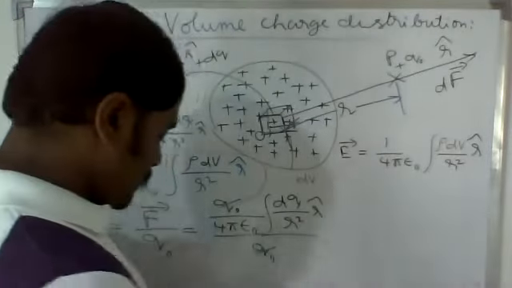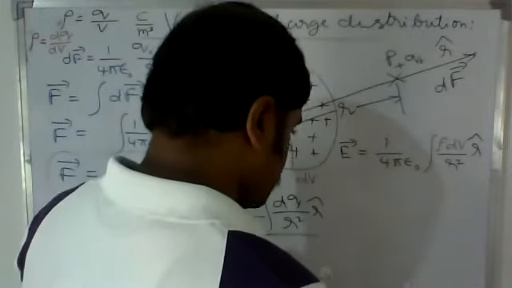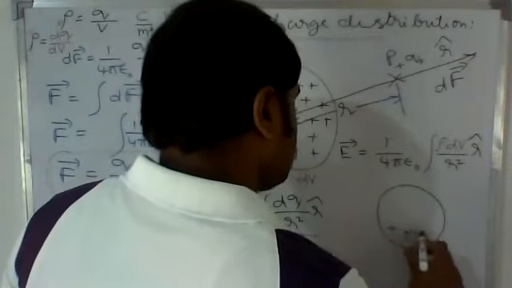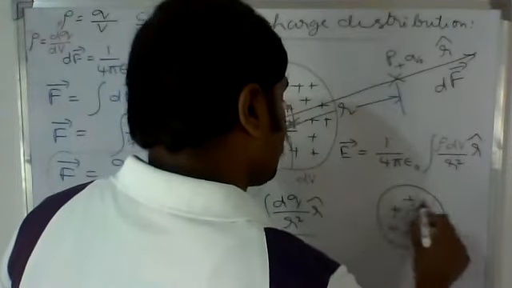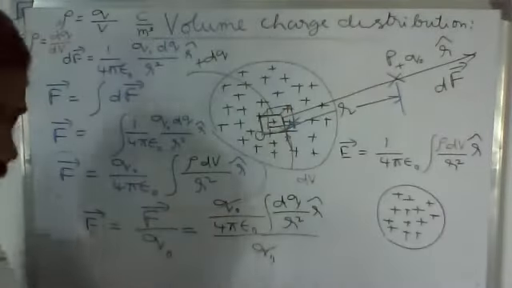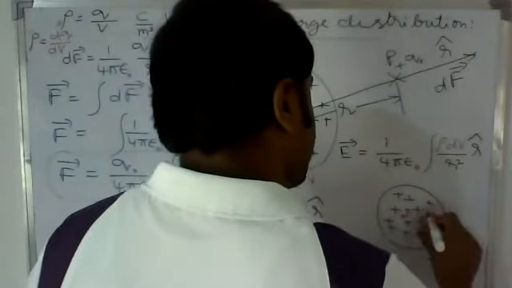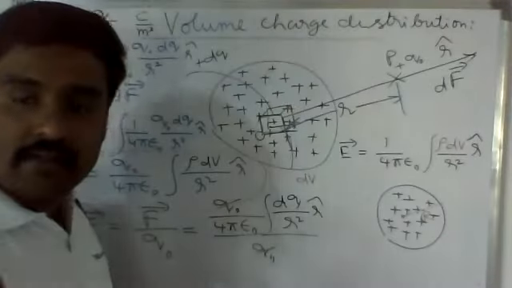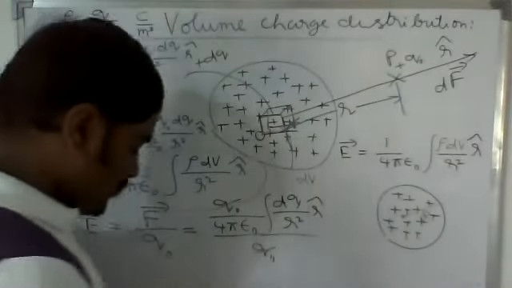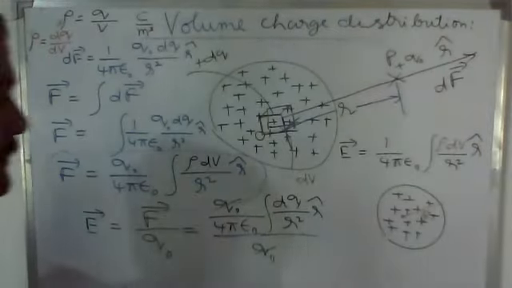Okay, so here one very important special case is there. Suppose a charge spreads over the entire volume of a sphere having radius capital R. Then what is its volume charge density?